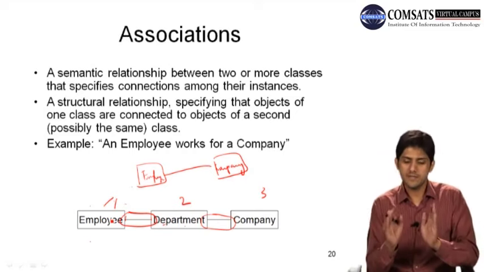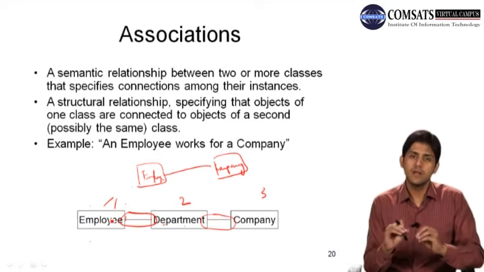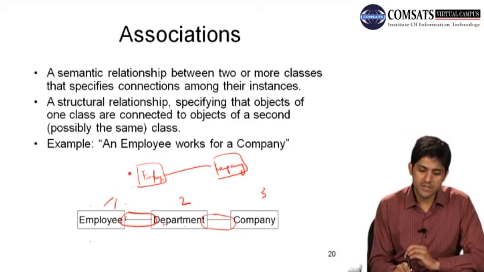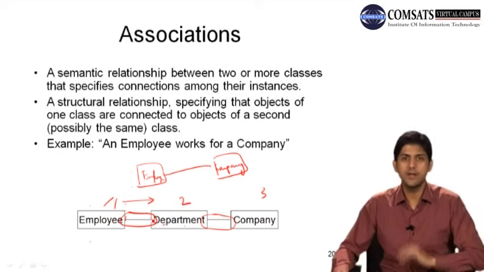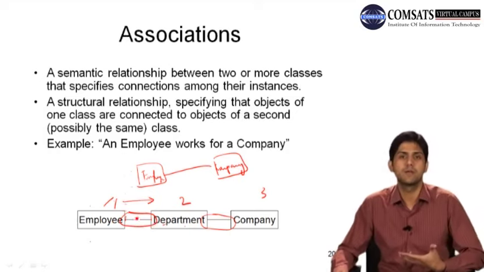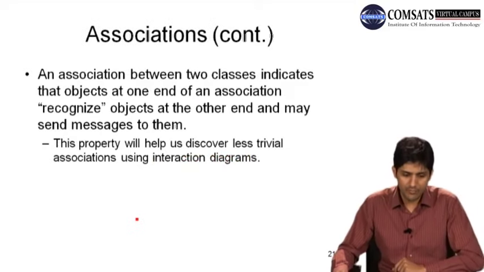Okay, so these association at the end it shows कि इस employee से department को कोई message जा भी सकता है और department से भी जा सकता है employee की तरफ. ठीक है, unless and until we actually specify a direction of that particular message, फिर वो शायद one way होगा.